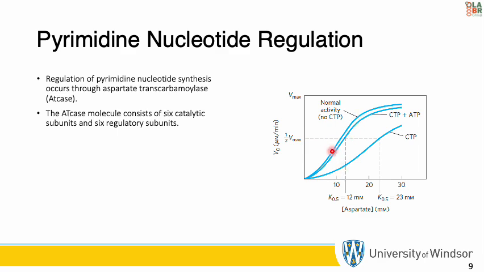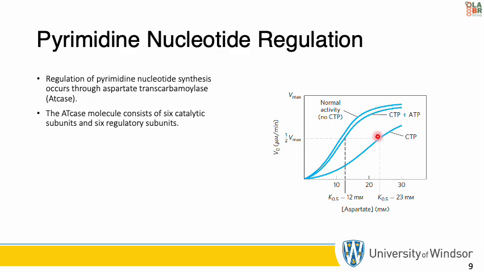If we look at this figure a little bit more, when we have high levels of CTP, so high levels of our final product, we have a reduction, obviously, in the activity of this enzyme. When we have no CTP and we have normal activity, we have regular speed.